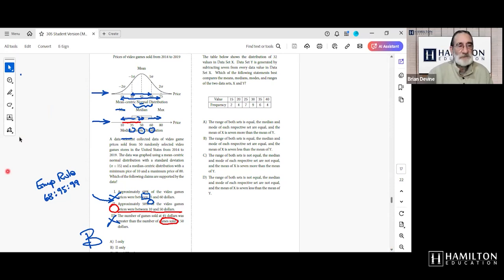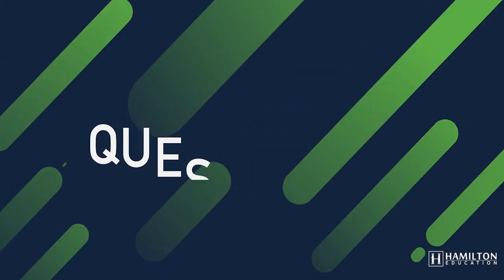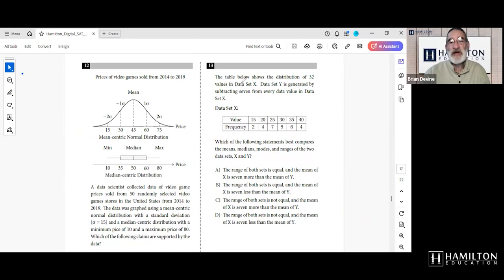B is the answer. Number 13, the table below shows the distribution of 32 values in dataset X. Dataset Y is generated by subtracting 7 from every data value in dataset X. And so if this is X, then we can pretty much say that Y is going to be 15 minus 7, then 20 minus 7, 25 minus 7, 30 minus 7, 35 minus 7, 40 minus 7.